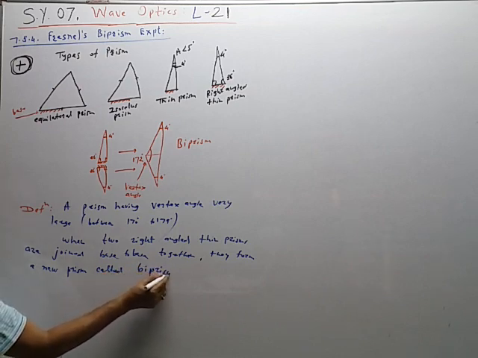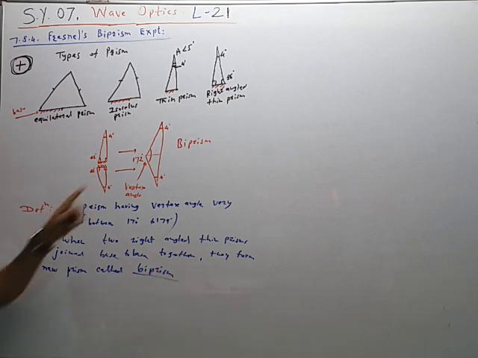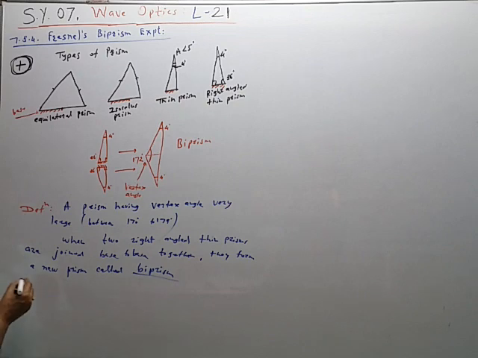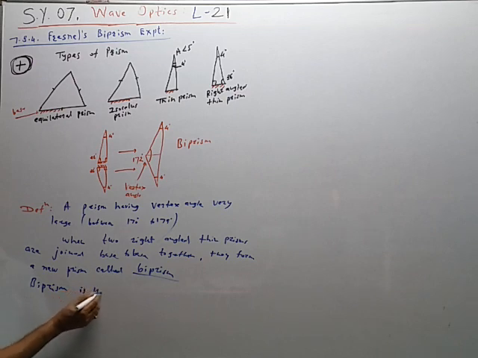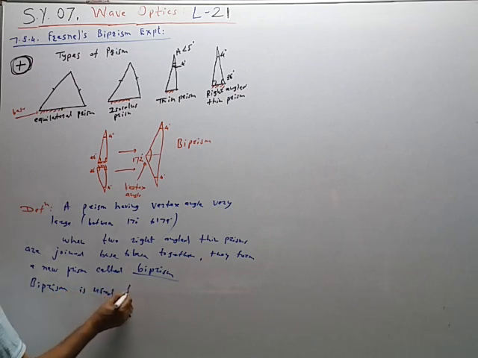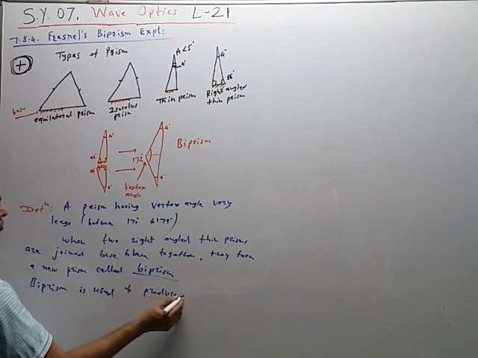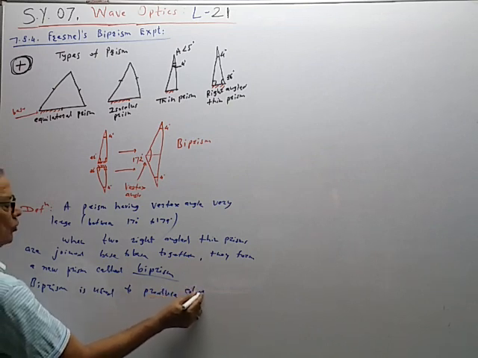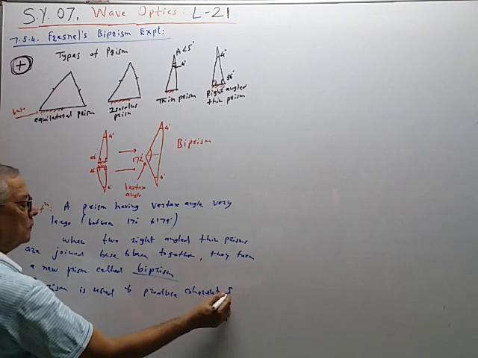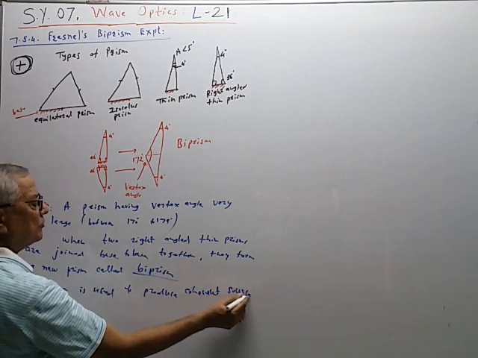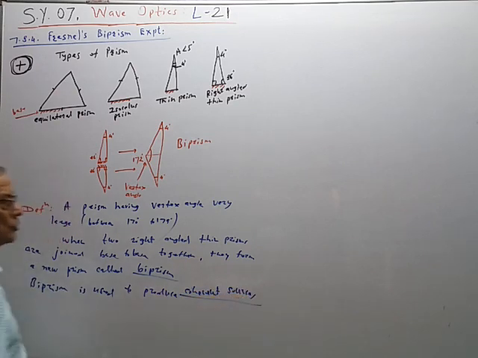So biprism is produced by this method. Biprism is used to produce coherent sources. How? This is one method to obtain the coherent sources.